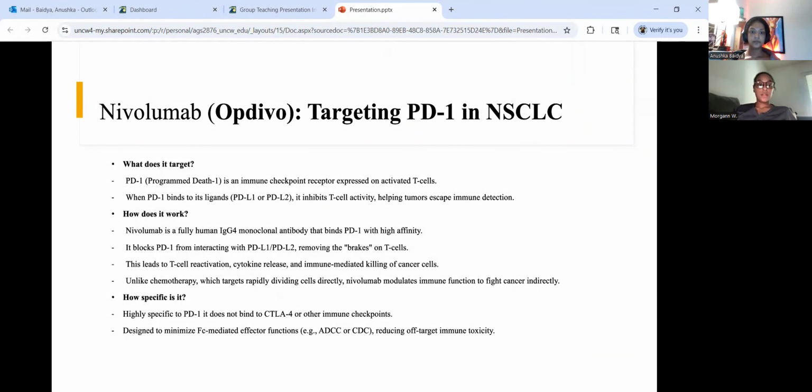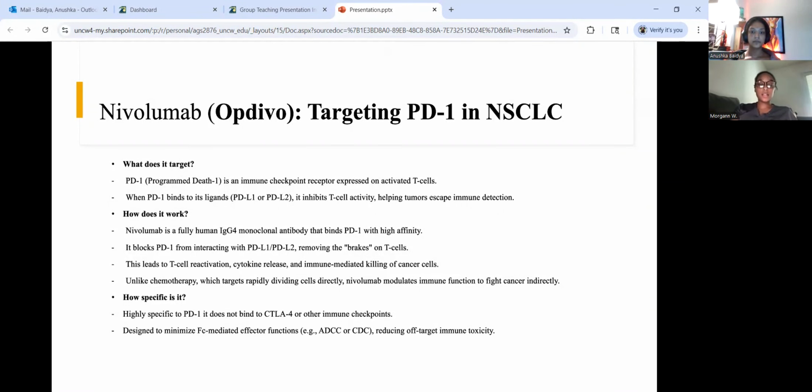And so with nivolumab, this antibody binds with the PD-1, which blocks it from interacting with PD-L1 or PD-L2. And essentially, it allows the T cells to remain activated and therefore continue to fight off the cancer.